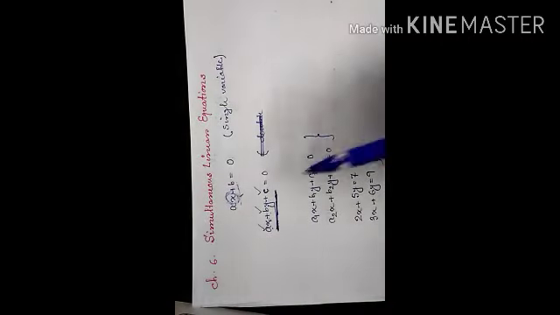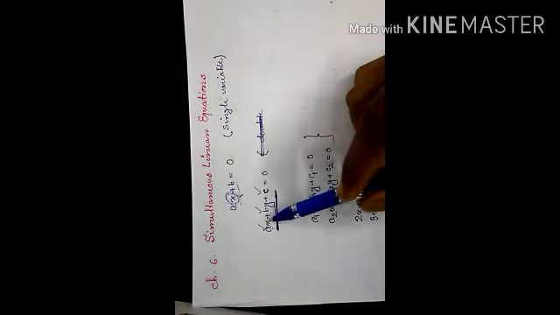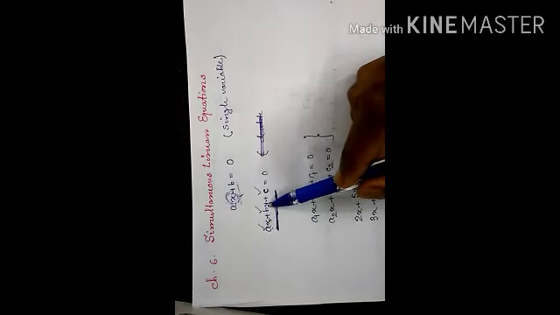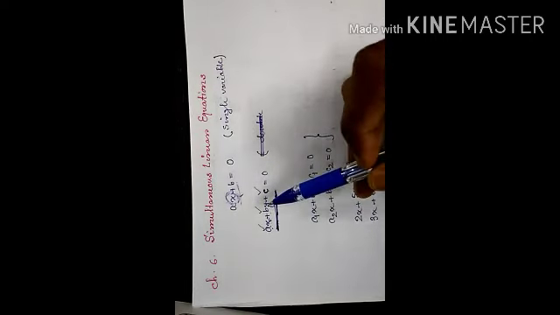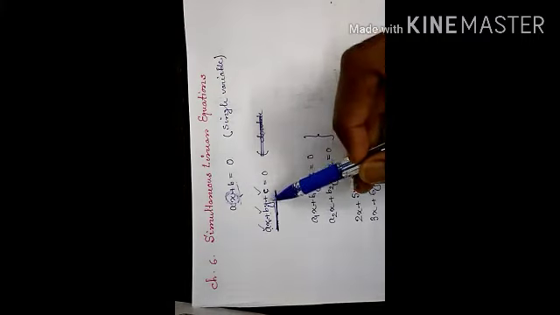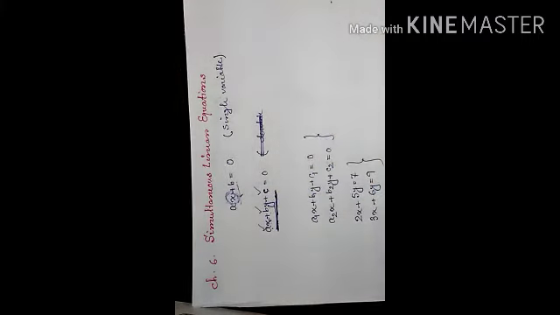If an equation carries two variables like x and y, then it is called an equation with two variables. Here the variables are your x and y.